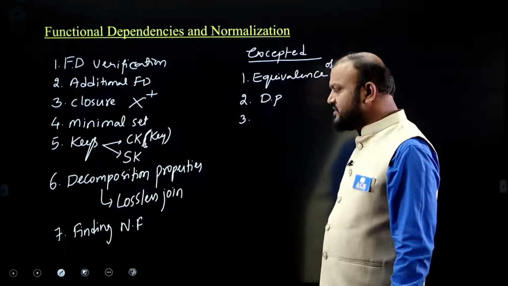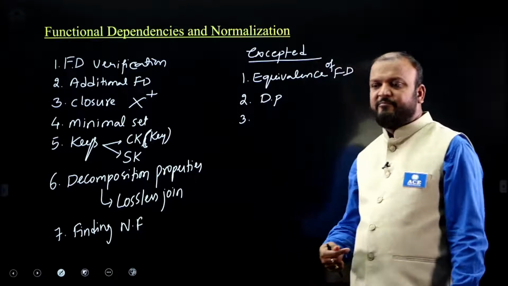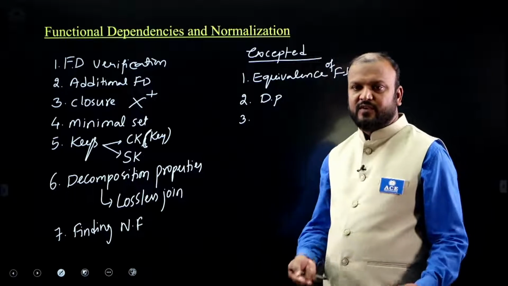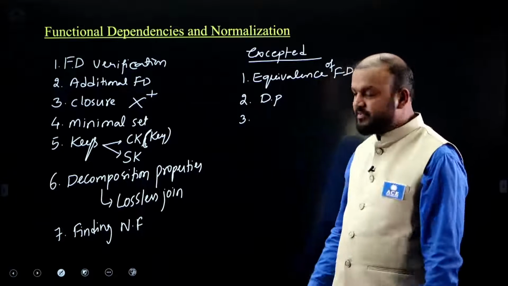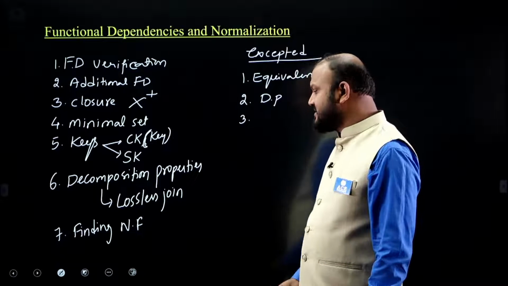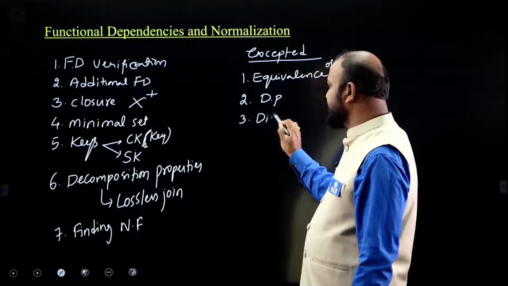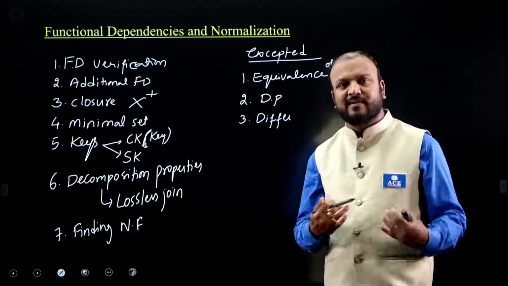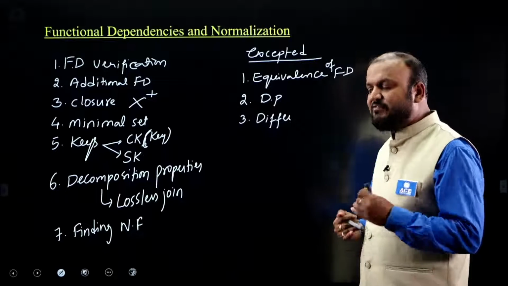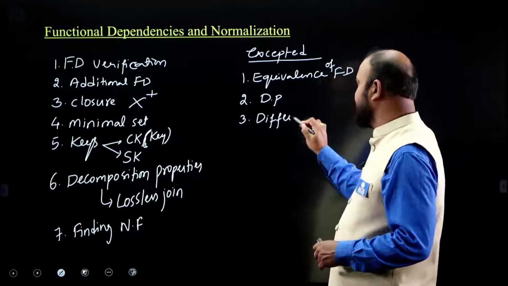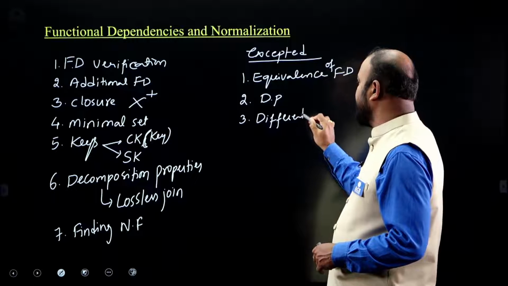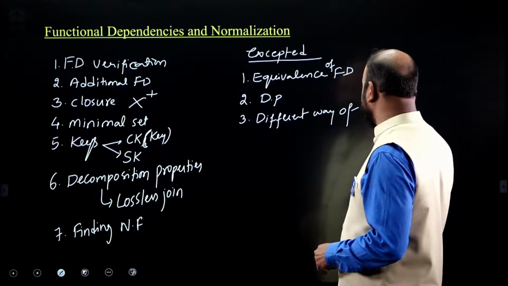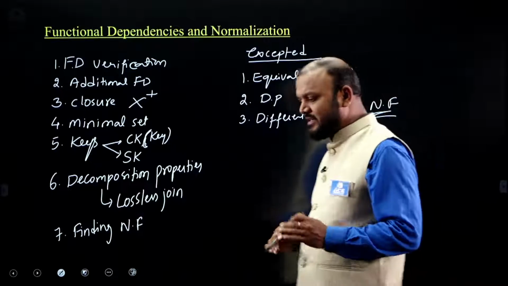And when you see the previous 5 years of papers, like 21, 20, 19, 18 and 17 papers, they have asked questions on normal forms in a different way. Means the concept is same, but the way of asking questions is different. Questions on normal form, but asked differently.